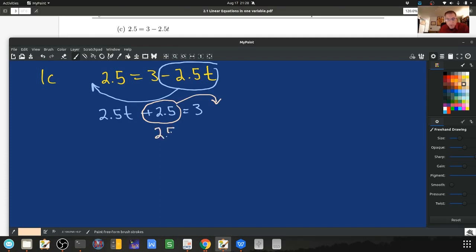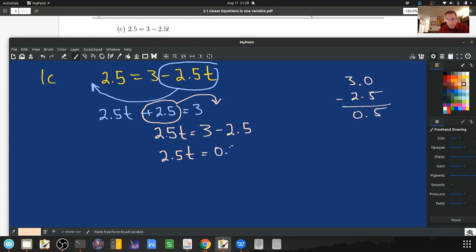So my variable term stays where it's at, and this becomes 3. When I move it over, the plus 2.5 becomes a minus 2.5. So I have 2.5t is 3 minus 2.5. I hope you can see that is equal to 0.5. And now again, I want to know what 1t is, so I'm going to divide both sides by 2.5.